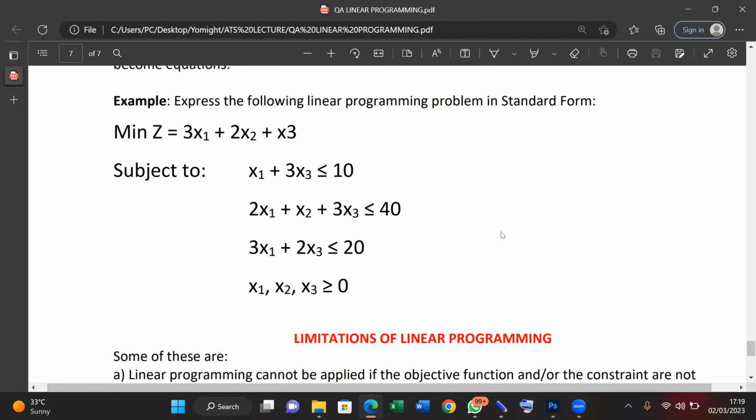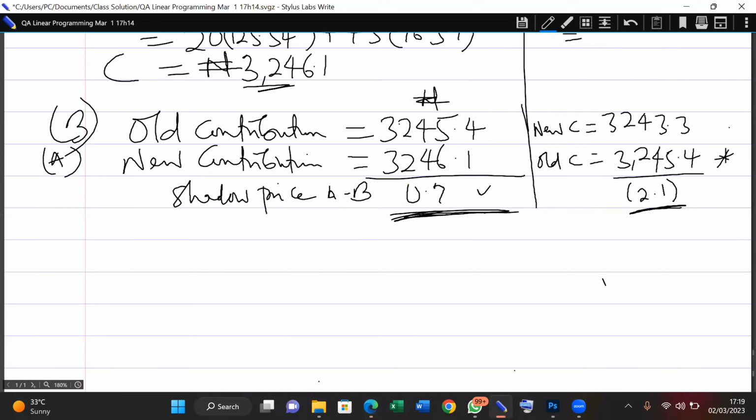All right. So what we really need to understand in the simplest method is this introduction of a slack variable. Let me show you how it goes. That is the beauty of the simplex method. And what they will tell you is express it in standard form.